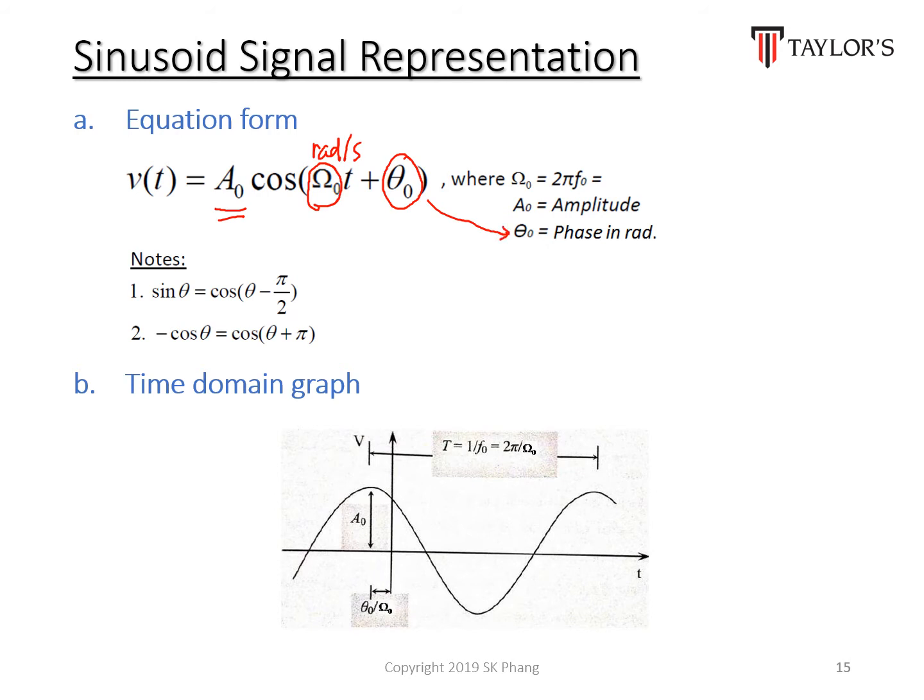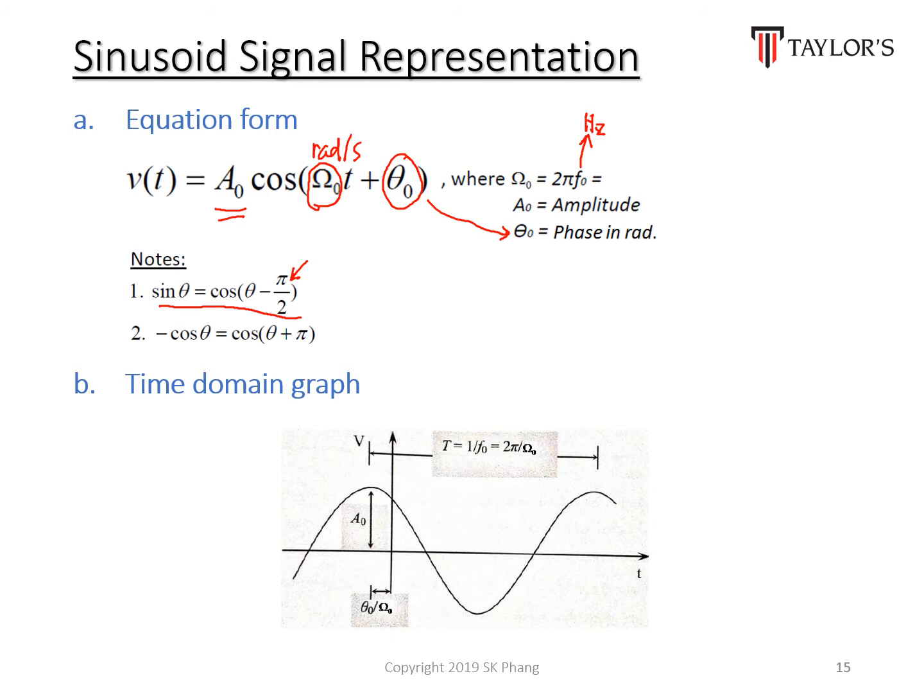So if you have the frequency in terms of hertz, then you need to convert it using this formula where omega equals 2 pi f. So this is the general form of writing out a general cosine wave. And any sine wave you can actually represent as a cosine wave as well, with just a phase difference between them.